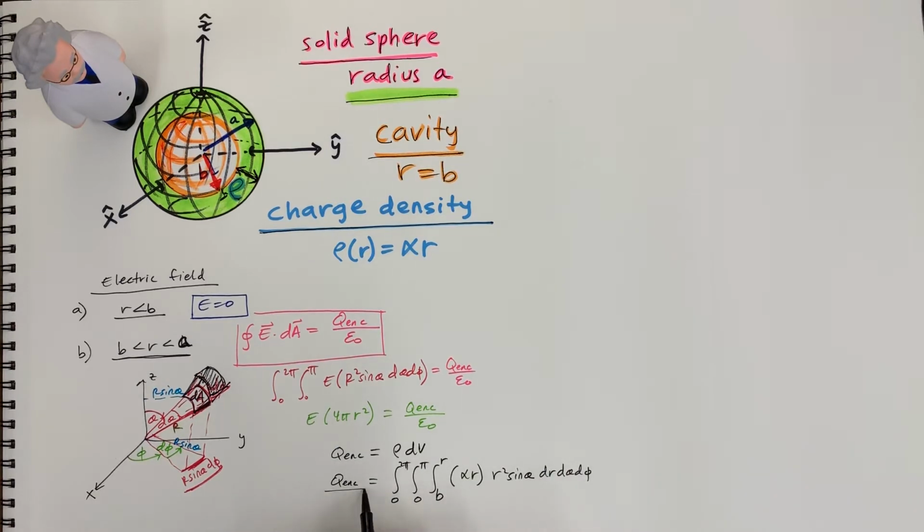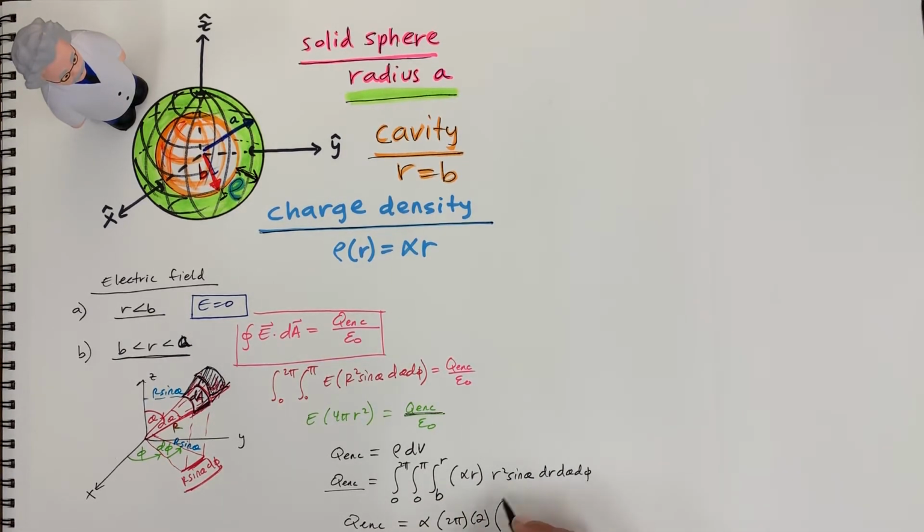Okay, so this Q enclosed is still just this piece right here. Q enclosed is going to equal, we could pull out the alpha. We're going to get a 2 pi from the d phi, and we're going to get a 2 from the integral of sine d theta with the limits of 0 to pi.